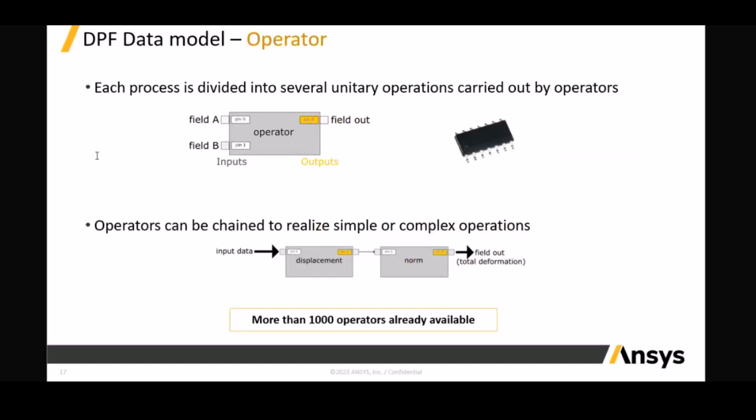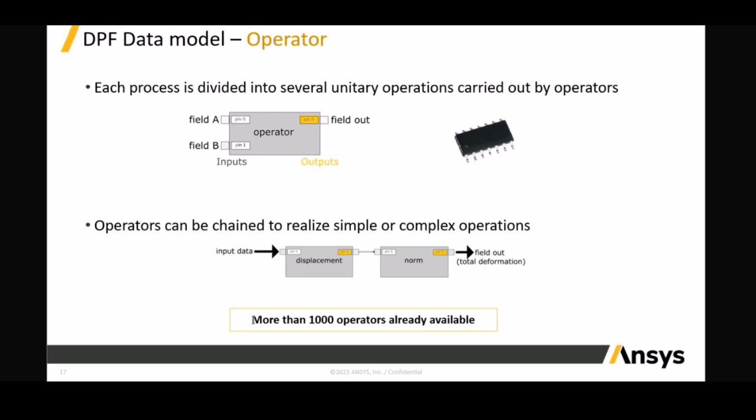The operator is basically the analog of a little electronic component where you have input pins and then output pins, and then you can chain them and organize them so that your data flows from operator to operator and gets transformed along the way. You can think of this as functional programming or whatever analogy you would like.